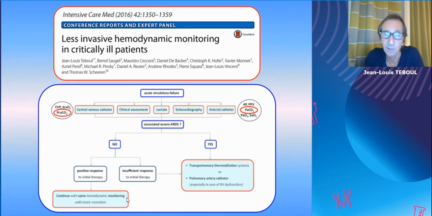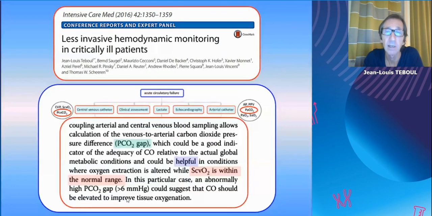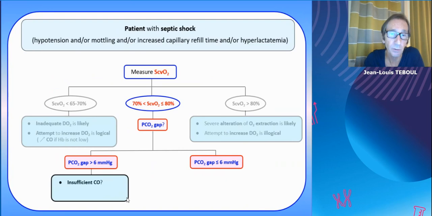And in this expert panel paper, we emphasize the importance of looking at PCO2 gap, essentially when ScvO2 is within the normal range, due to alteration of oxygen extraction. And PCO2 is less affected by impairment of oxygen extraction. In this situation, a high PCO2 gap higher than 6 could suggest that cardiac output should be elevated to improve tissue oxygenation. So in this situation, an attempt to increase cardiac output is logical in order to improve tissue oxygenation.